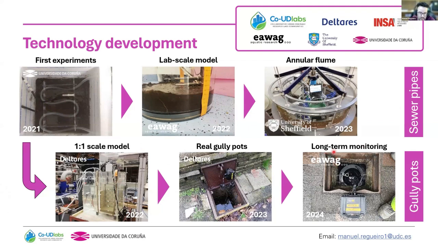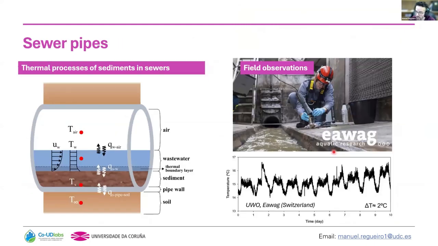for long-term monitoring. In order to understand the thermal properties in these two applications, first I will start with the sewer pipes. The first thing we needed was real measurements in the pipes, to see what this dynamics looks like in a real sewer.